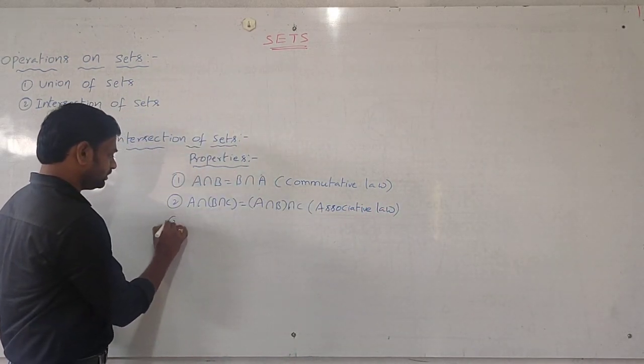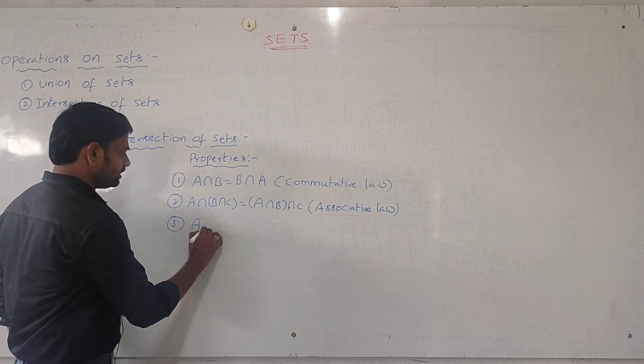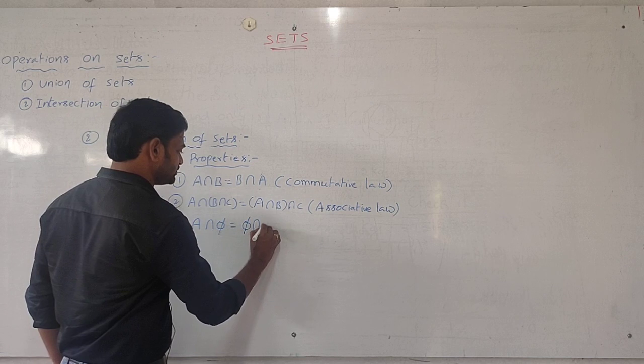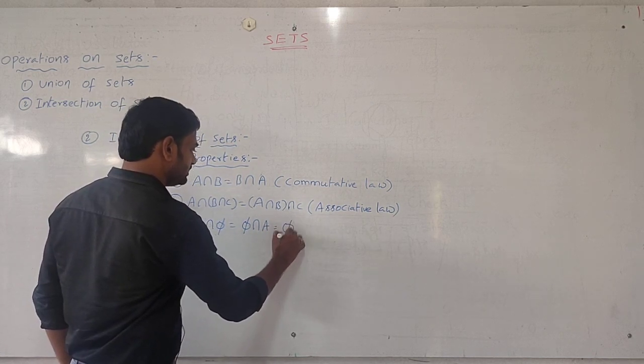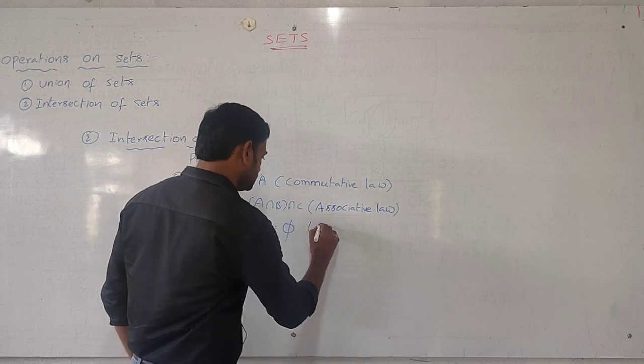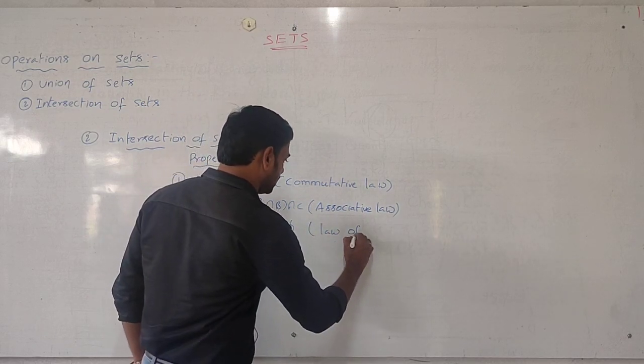Next, third one: A intersection 5 is equal to 5 intersection A is equal to 5. This is called the law of 5.